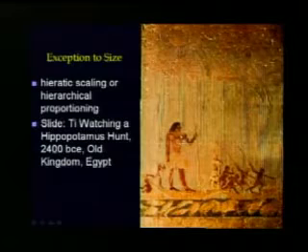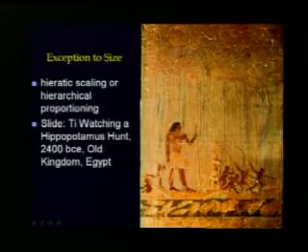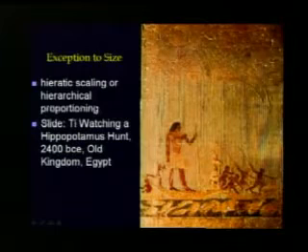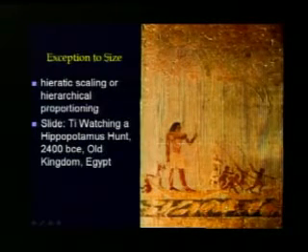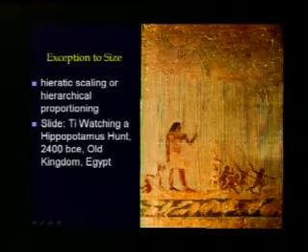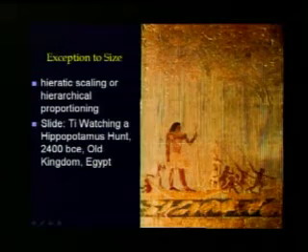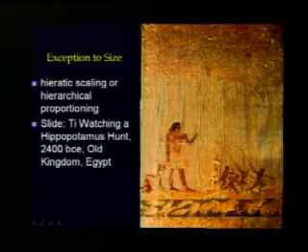And since T was an administrator of the court, he was much more important than these little men here that are actually spearing hippopotamus. These figures that you see down here that look rather abstracted are supposed to be hippopotamus in the water that we're looking at, and they're spearing them. So, these are supposed to be adult figures, just like he's the adult.